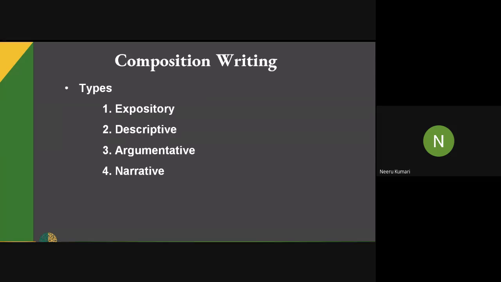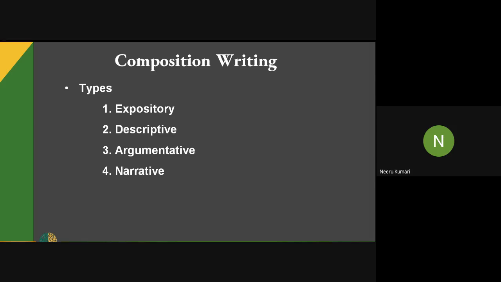So we should always keep this in mind, that whenever we are talking about descriptive composition, we describe the product, the services, the different places, the different people, the different situation, event, activities, anything that you are describing.